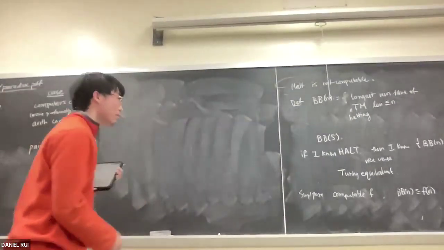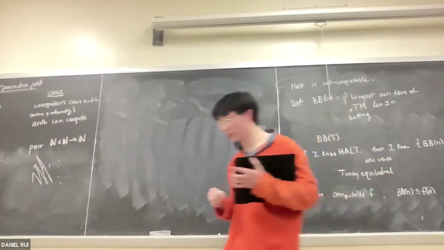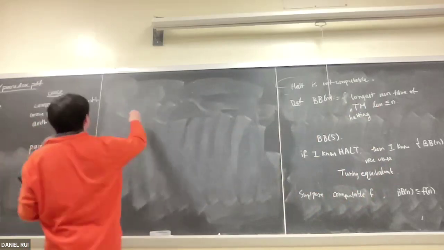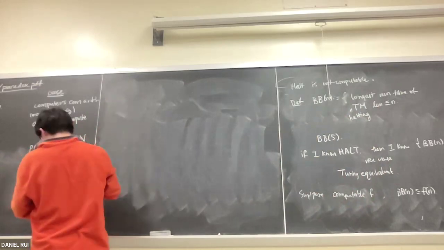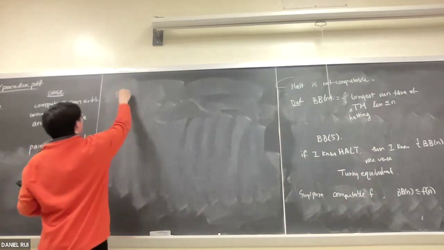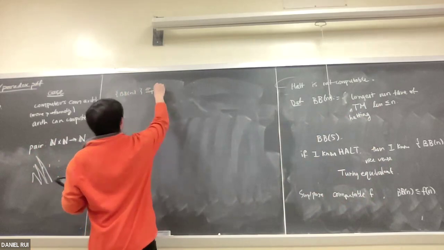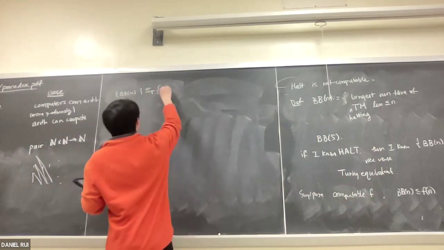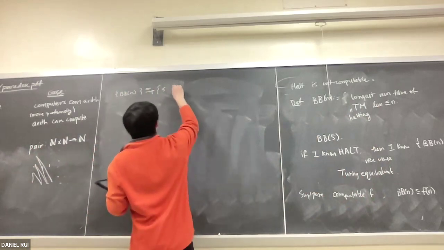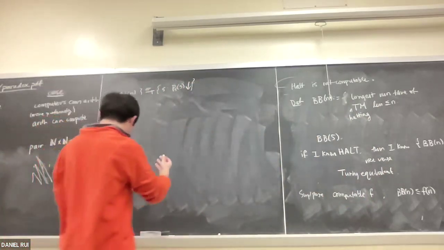I told you at the very beginning that, well, maybe I'll just argue it as follows. My claim is as follows. So right now I have BB of n is Turing equivalent to the set of strings S such that the program with that code S halts on its own input, just so we can work with a set of numbers.